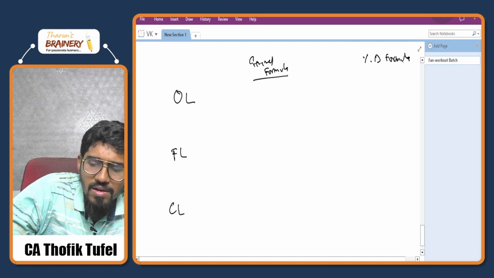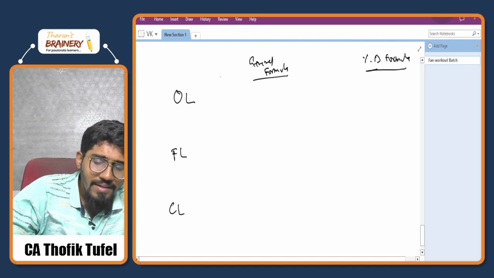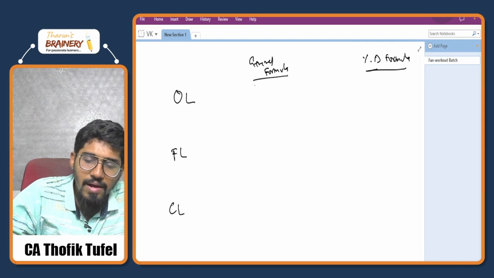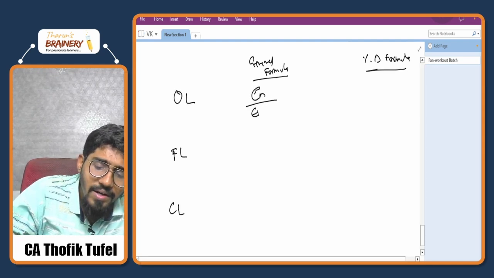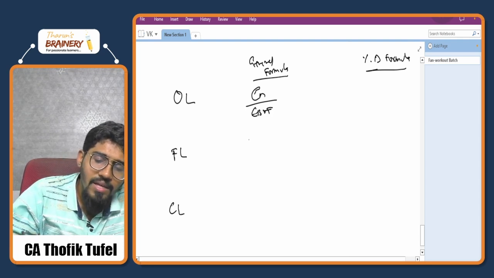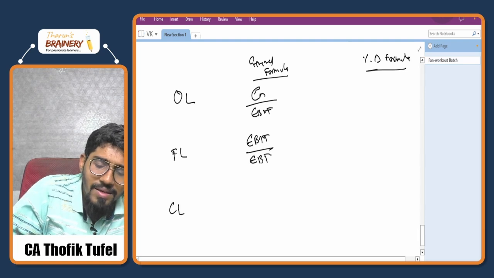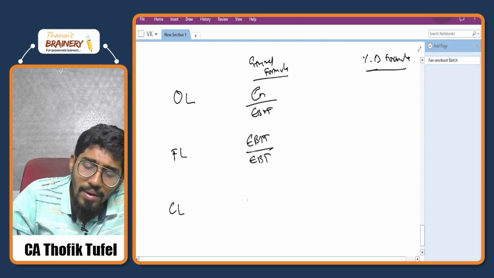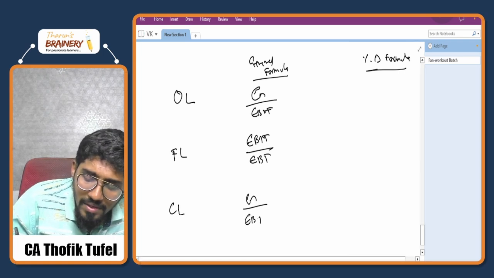I will be writing 6 formulas. First, operating leverage is equal to contribution divided by EBIT. Financial leverage is equal to EBIT divided by EBT. And combined leverage is equal to contribution divided by EBT.